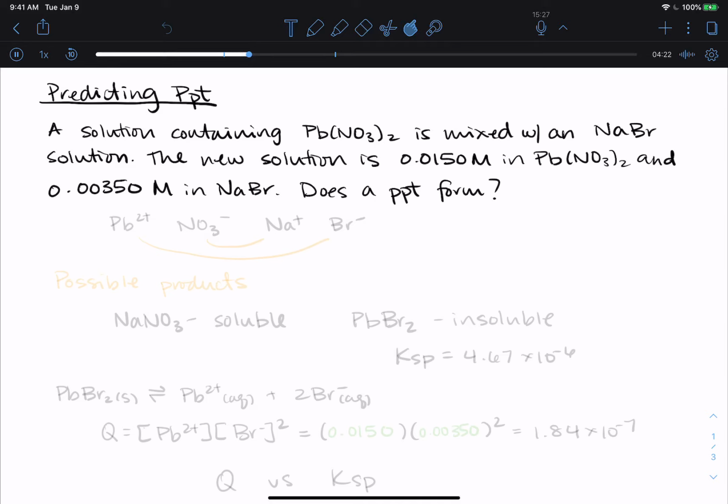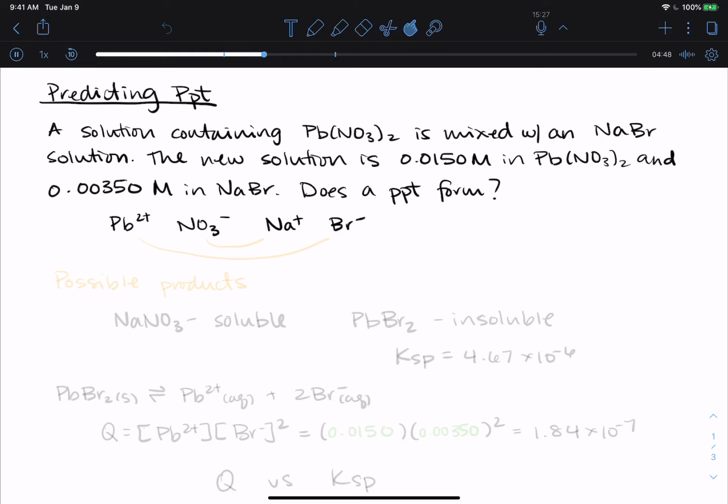So if we take a lead nitrate solution, it has Pb2+ and NO3- ions in it, and mix it with a sodium bromide solution, which would have Na+ and Br- ions in it, and look at the possible products after they swap partners.